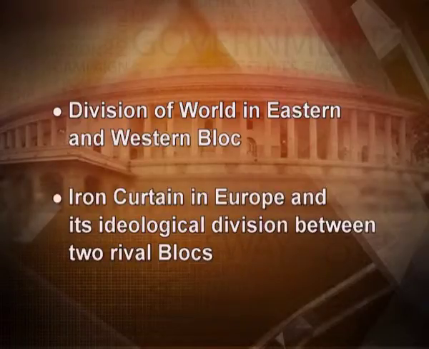To conclude, let's summarize what we discussed in this episode. Today, we discussed the division of the world into Eastern and Western bloc. We discussed the Iron Curtain that ran through Europe and divided it into East Europe and West Europe. The division was on the basis of the ideologies held by both the superpowers, and they divided countries of Europe into two different sets.